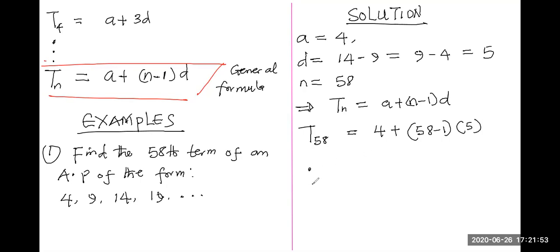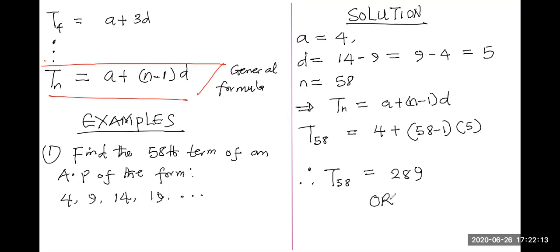After simplification, our T58 is going to give us 289. 58 minus 1 is 57, times 5 we have 285, plus 4 we have 289.